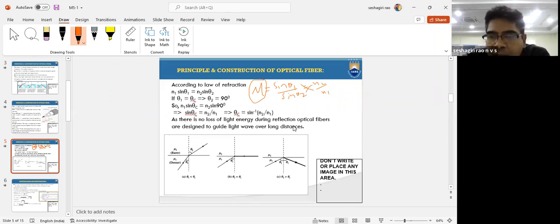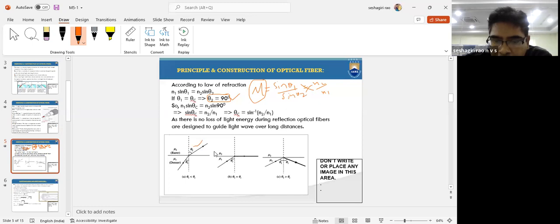Why is sin 90 coming there? Can anybody explain why theta 2 is becoming 90 degrees? See here, this is theta 2, right?